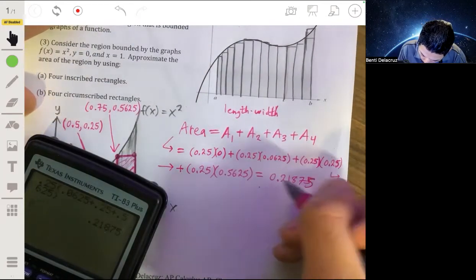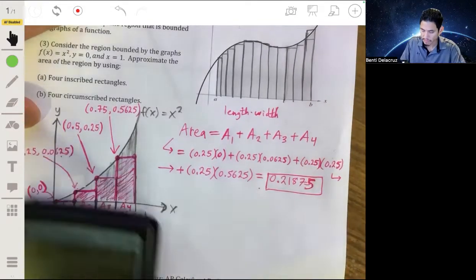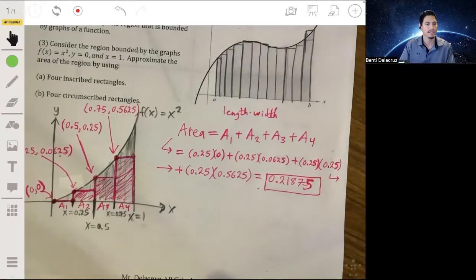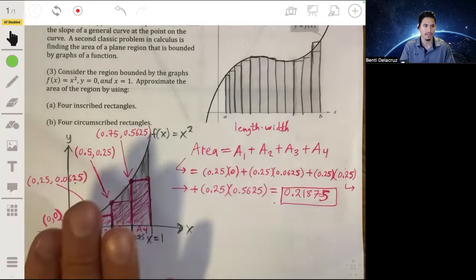Interesting. Okay, so that's an example of how we can approximate area using inscribed rectangles.